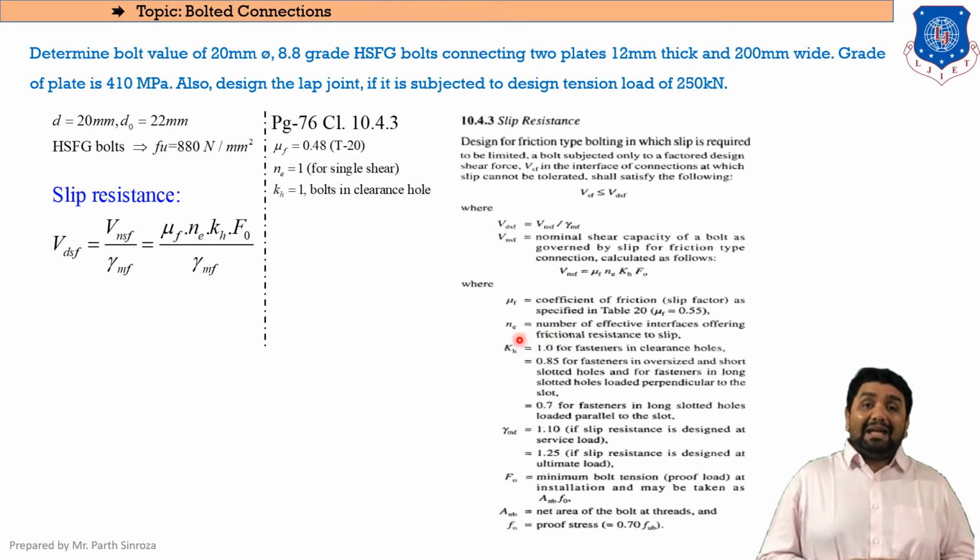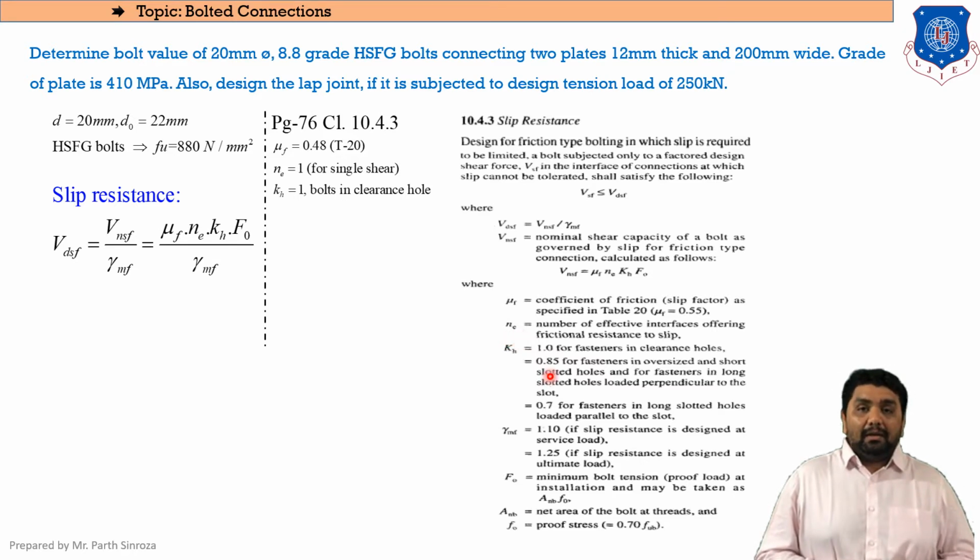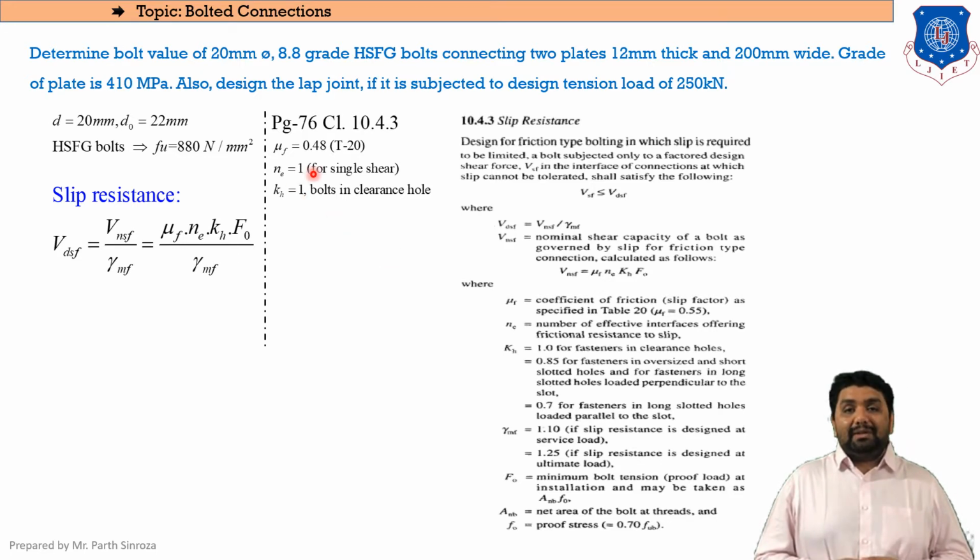There we were discussing nn and ns. Here in terms of HSFG bolts we will be replacing it by Ne. The conditions are all the same, that is the number of shear planes associated with our connection, that is our lap joint. Clear? So in this case as two plates are given, if we apply tension force on it, the number of shear planes will be 1. So here Ne equal to 1 is being taken.